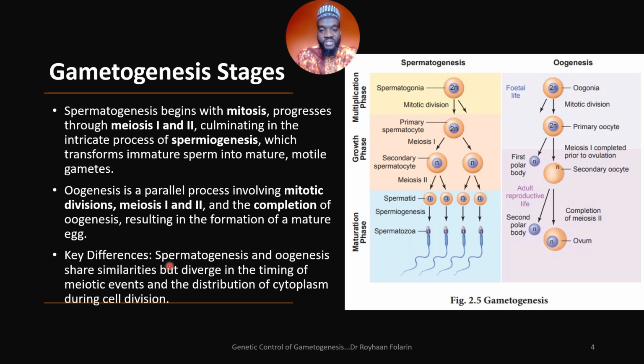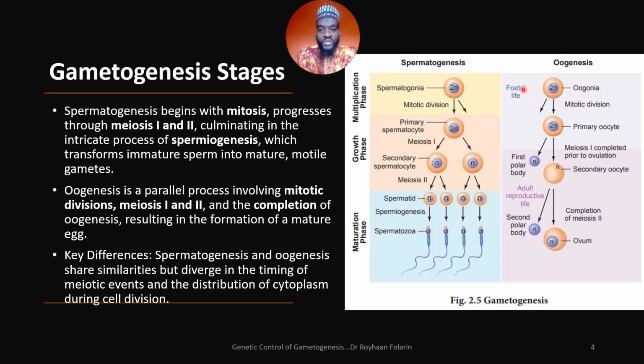So the key differences: spermatogenesis and oogenesis share similarities, but they diverge in the timing of meiotic events. In oogenesis, you see meiosis 1 is completed prior to ovulation, which is post-fetal life.